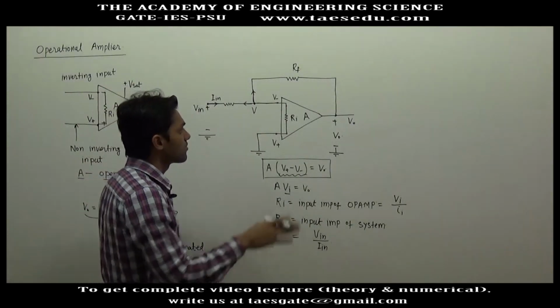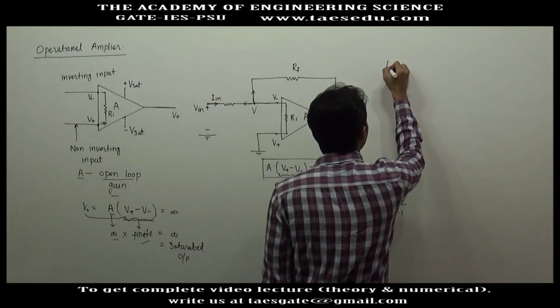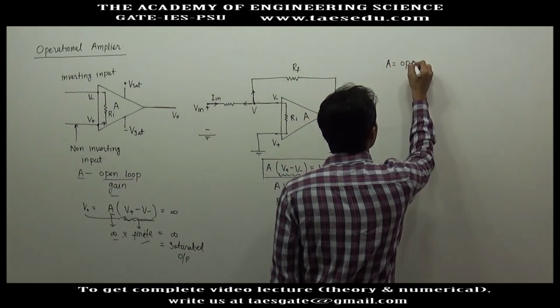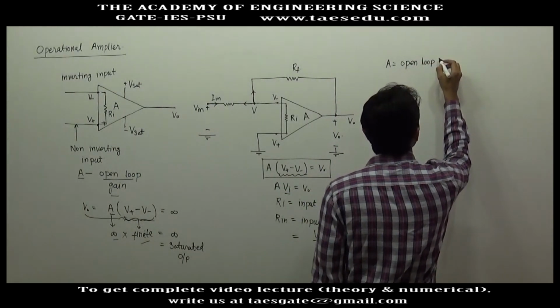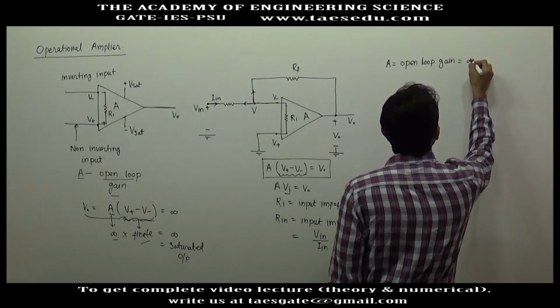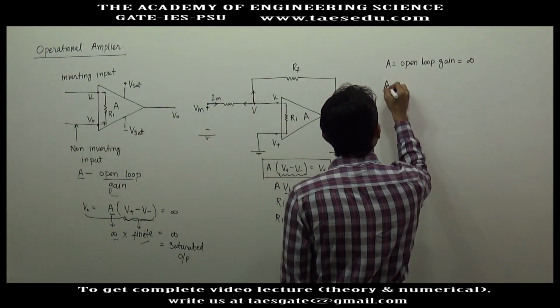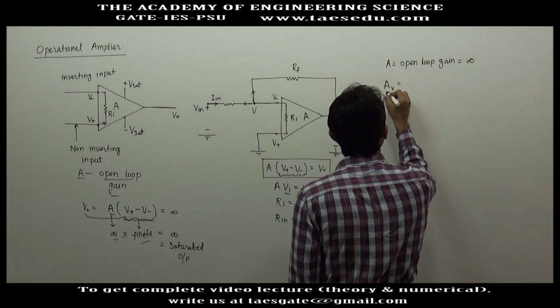Similarly, there will be a gain of the operational amplifier. A is the open loop gain. This is the gain of the operational amplifier, which is infinite in the case of an ideal op-amp. There will be one more quantity, AV. We will represent it as AV.